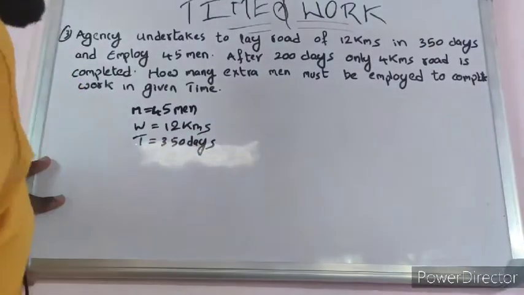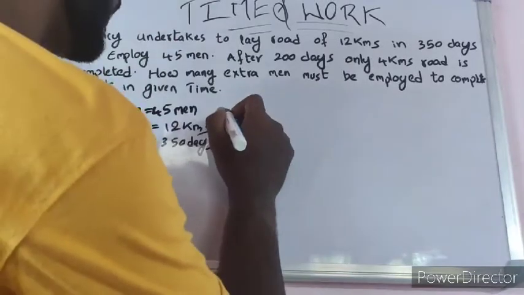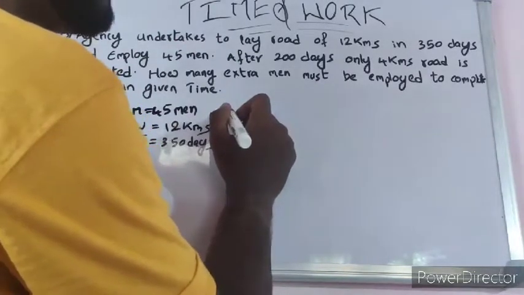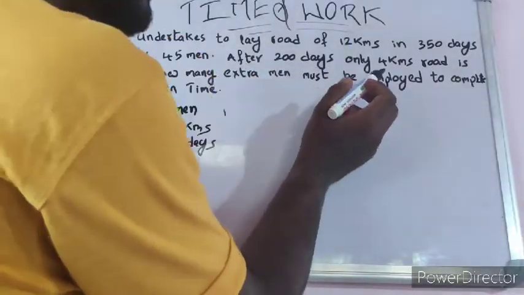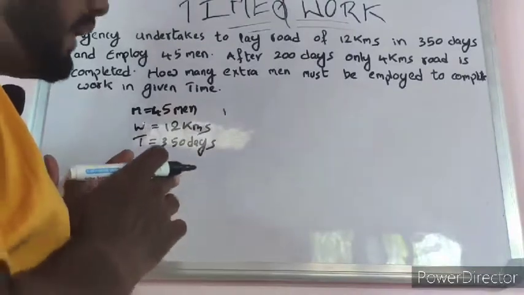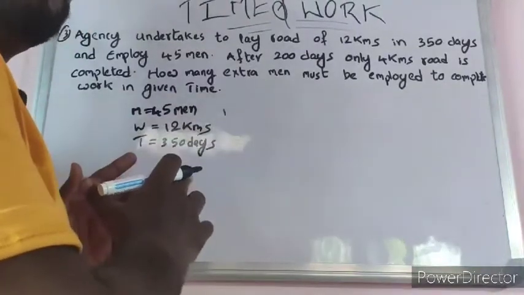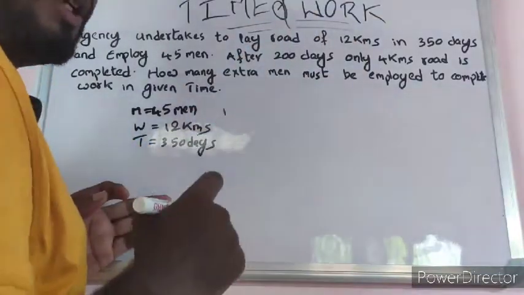What did he say? After 200 days, only 4 kilometers of road is completed. He didn't mention what work was done in the complete 350 days. He just mentioned how much work was done in 200 days.